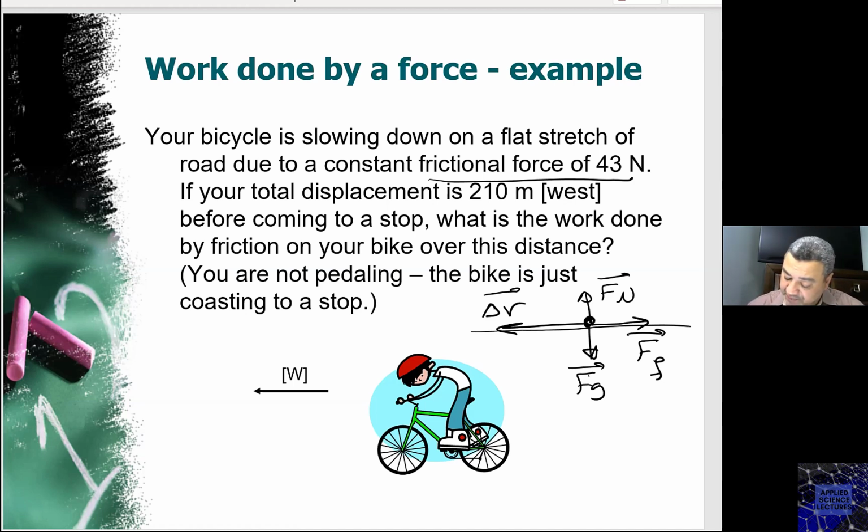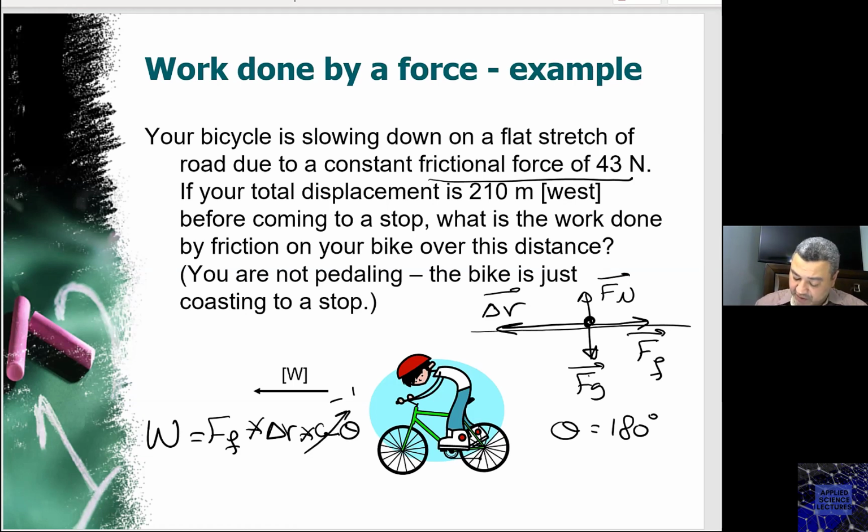So in this case, if I am to apply the expression W equals F times delta R times cosine theta, and we know here theta is 180 degrees, so cosine theta is -1.